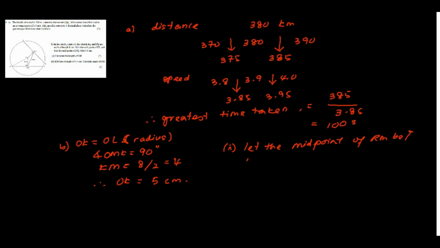So MT equals 2.75, so sine MOT equals 2.75 divided by 3, so MOT equals 66.4.